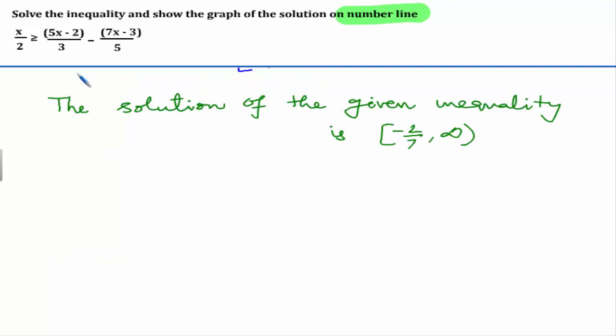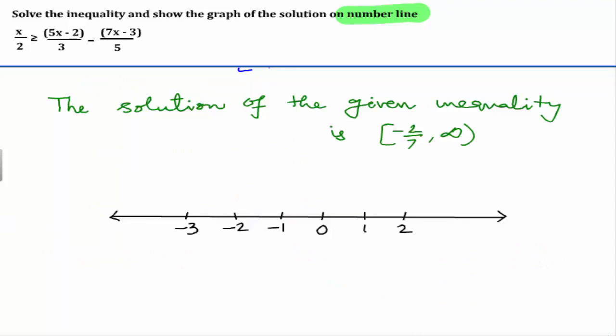Now we need to show this solution on the number line. So −2/7 will be approximately −0.3. So −0.3 will be somewhere here, and x is greater than −2/7.